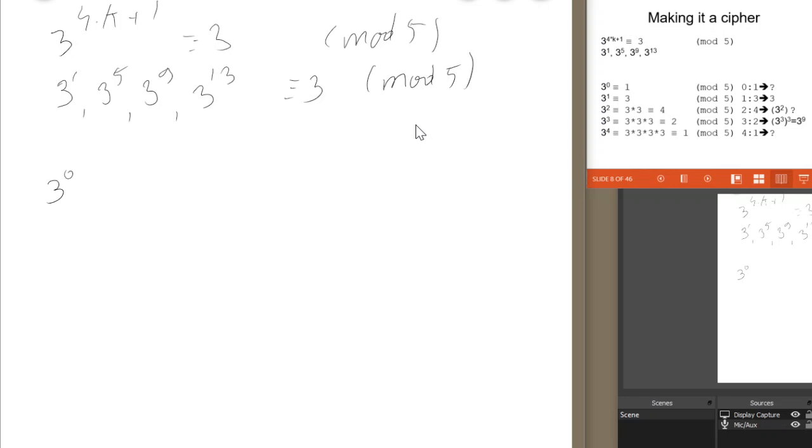Note first that 3 to the power 0 is congruent with 1. 3 to the power 1 yields 3. 3 to the power 2 congruent with 3 times 3, which is 9 modulo 5. It is congruent with 4 mod 5.